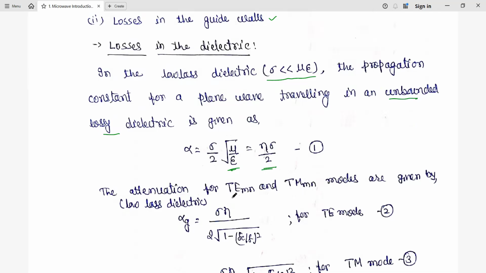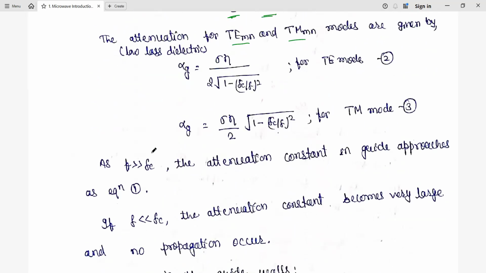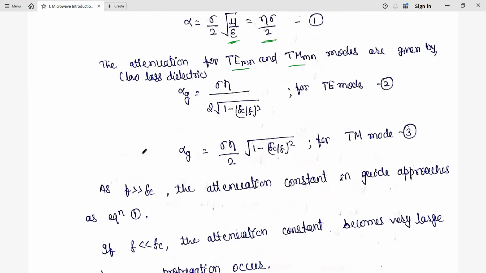Now if you talk about the different modes, like TE modes or TM modes, considering low loss dielectrics, then inside the waveguide the attenuation alpha g is given as sigma into eta by 2 root under 1 minus fc by f whole square, where fc is the cutoff frequency and f is the frequency at which we are going to calculate. So this is the expression for TE modes.